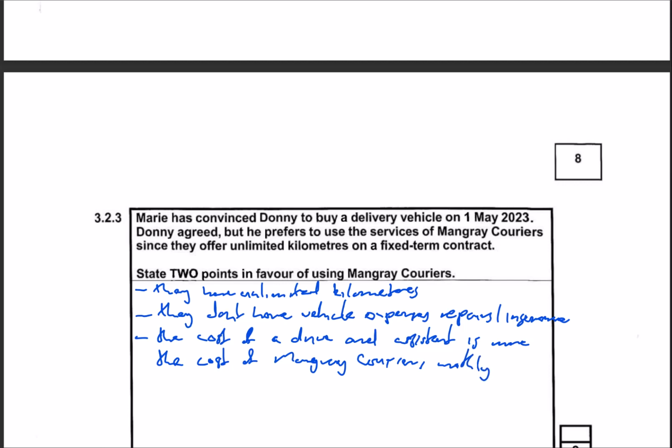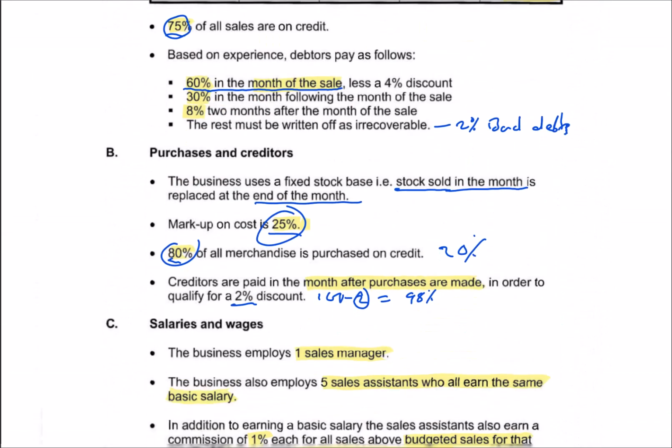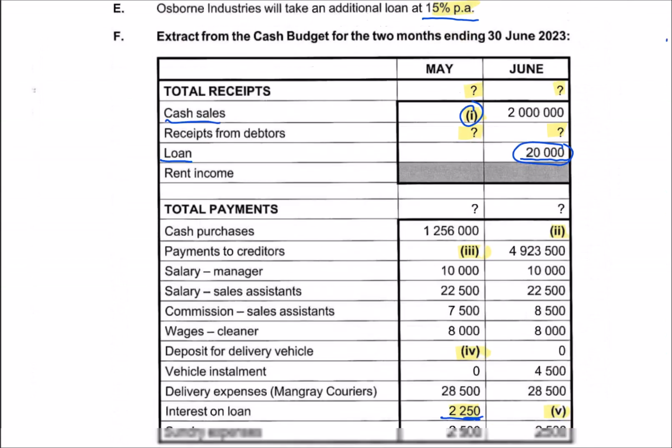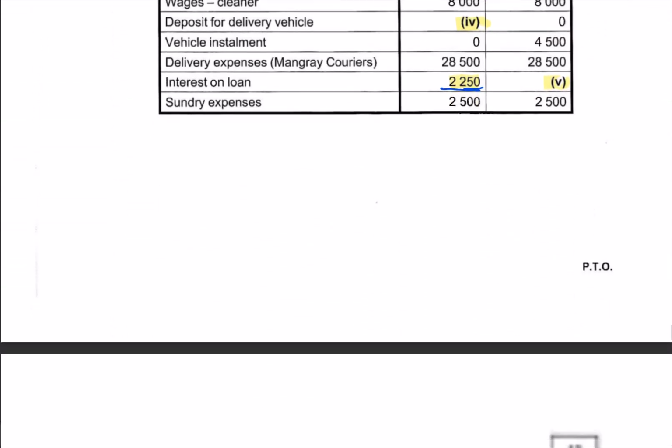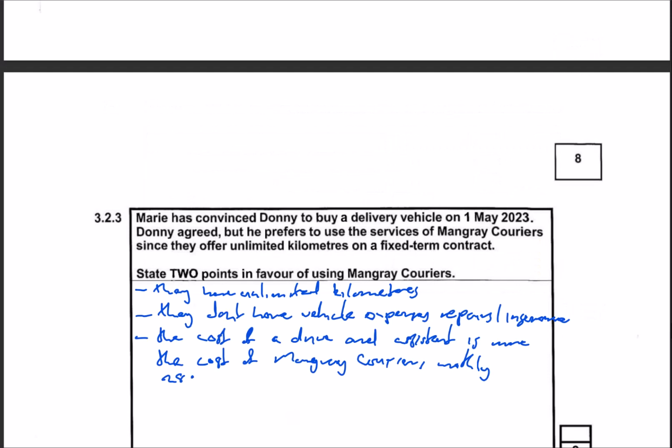So the cost of Mangre was 28,500. Let me just double check. It was 28,500. Yes. But now the driver and assistant cost 29,800. So it becomes more costly to have the two.